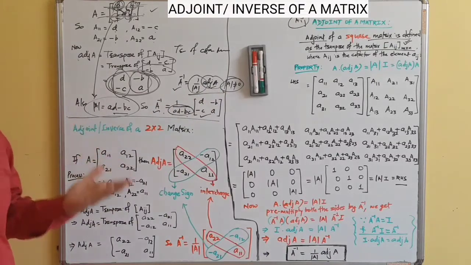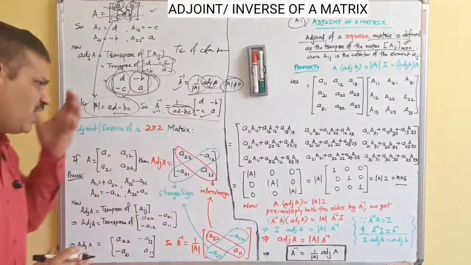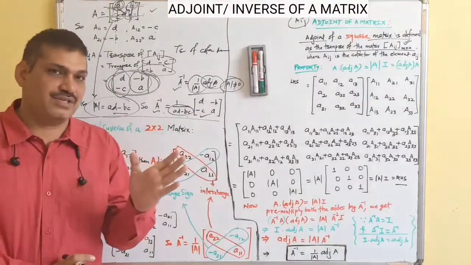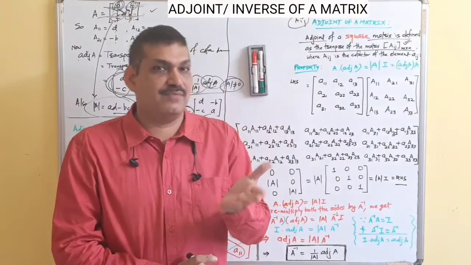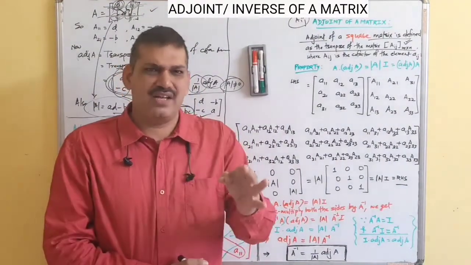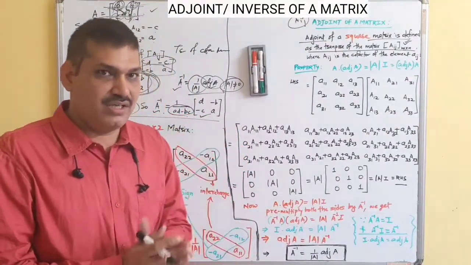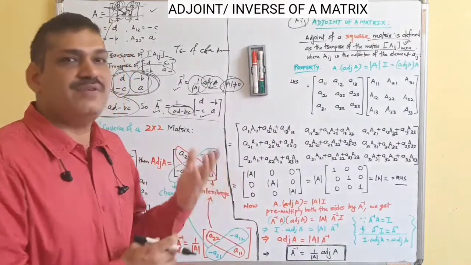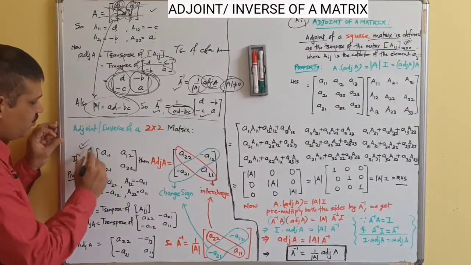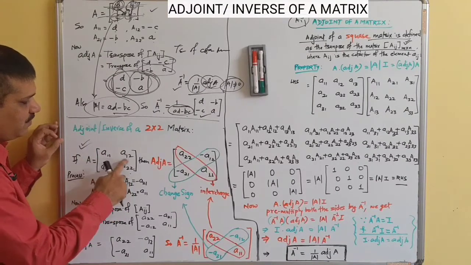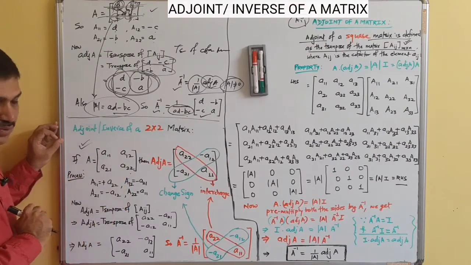If you have a 2 by 2 matrix, then it is very simple to find its inverse. We used elementary row and column transformations in the previous chapter. Now it's very easy, and we will develop a short trick to find the inverse of a 2 by 2 matrix. Let's see how. This is a standard 2 by 2 matrix: a11, a12, a21, a22.